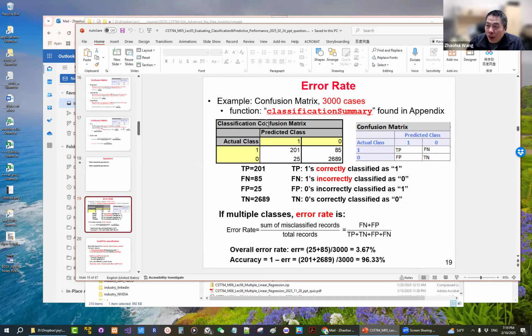Actually, we can use the classification summary. This is for the output estimation with percentage. For this case, there will be two classes, 0 and 1. So we can use this classification summary to obtain the confusion matrix.